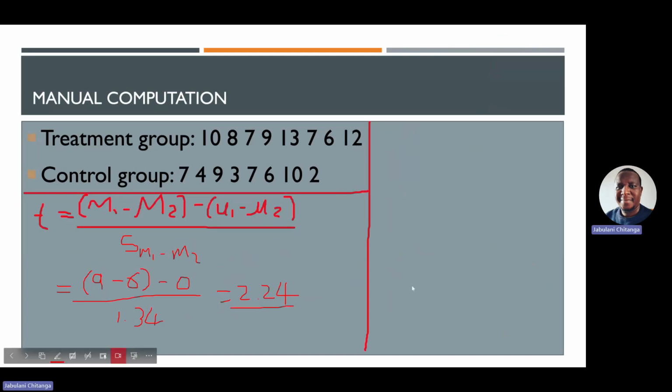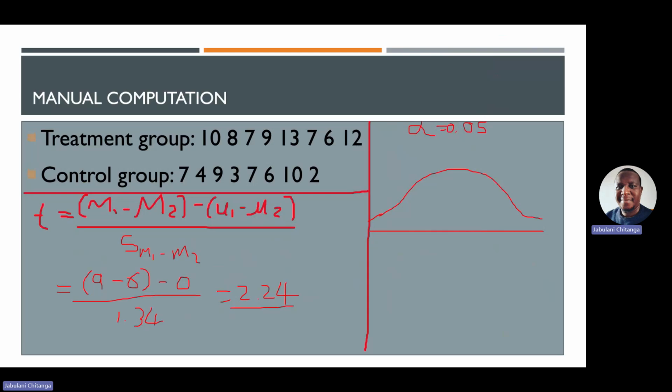But now, how do you know if you reject or fail to reject the null hypothesis? I forgot to mention that we are testing at 0.05. That is given in the assessment. We are told to use a significance level of 0.05. And when do you know whether to use two-tailed or one-tailed?